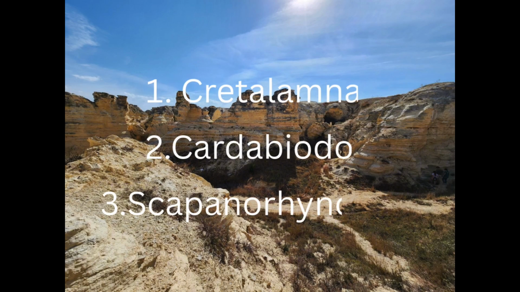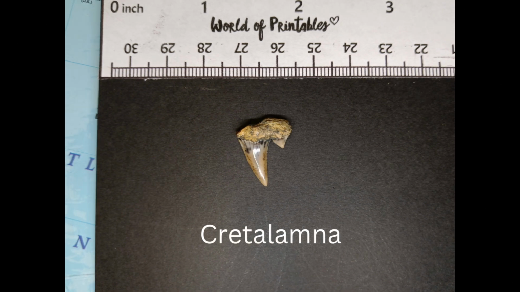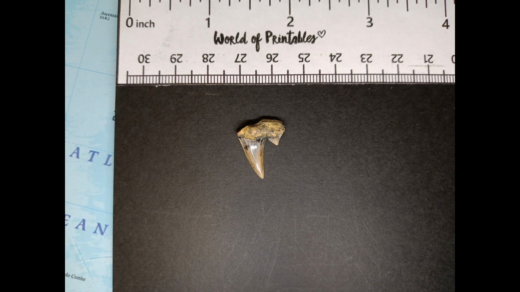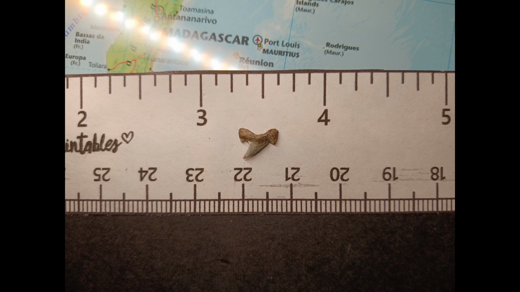The next three teeth I will show you are not as plentiful, but they aren't hard to find either. Cretalamna teeth are bilobates. However, the tips of these teeth are sort of geometric and squared off. The interlobe, which is a dip between the root, is usually U-shaped in the upper teeth and then V-shaped in the lower teeth.